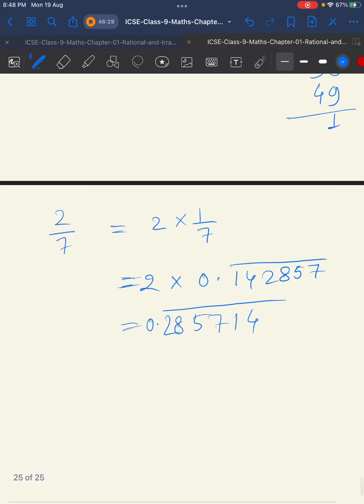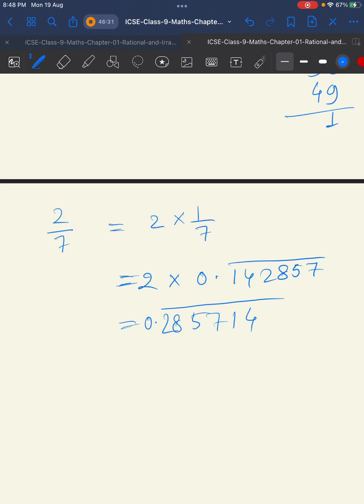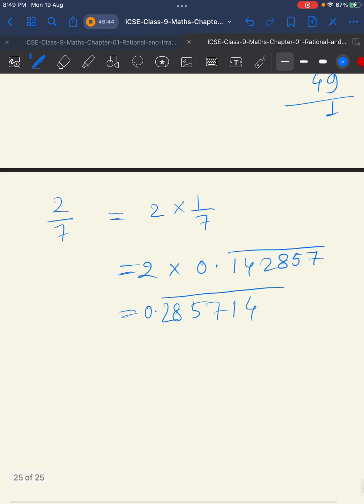0.285714 bar. Okay, now see, without actual calculation, the decimal representation of 3 by 7, 4 by 7, deduced from the decimal representation of 1 by 7. So from the decimal representation of 1 by 7 we have to calculate the decimal representation of 3 by 7. So we can write 3 into 1 by 7.